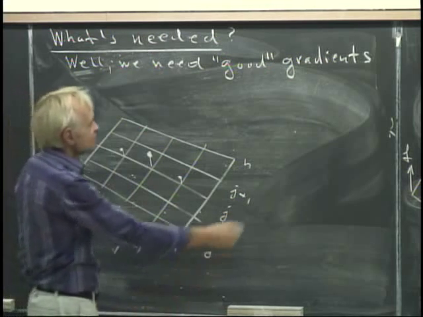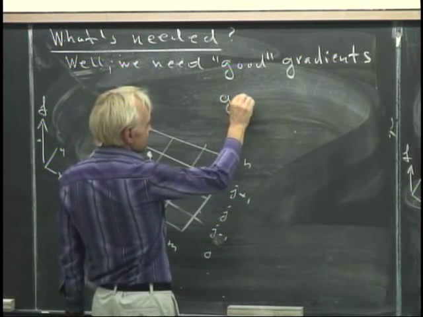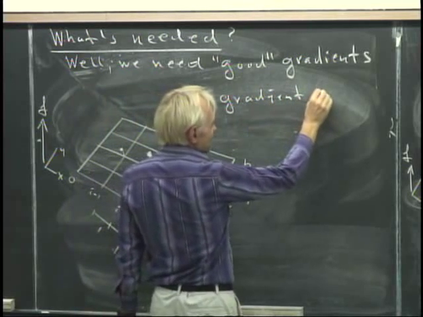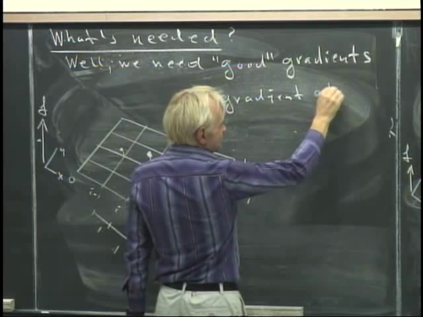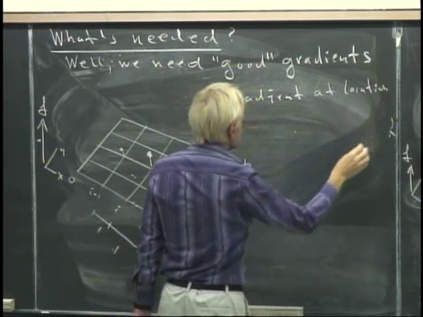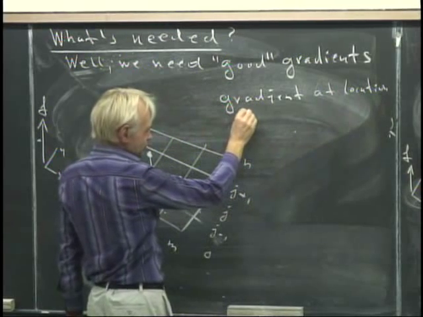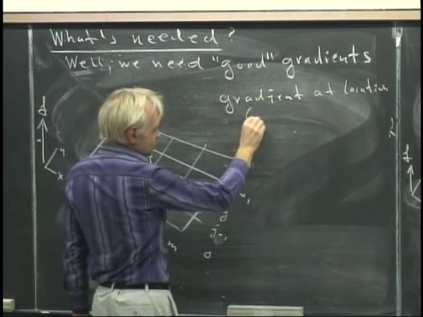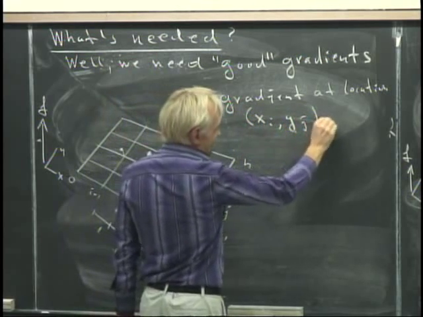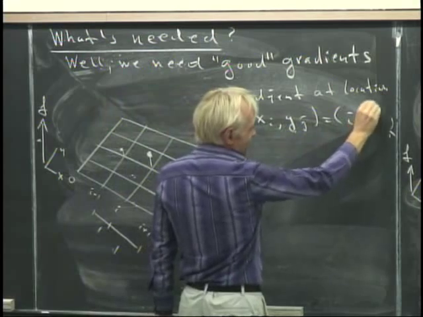Okay. So the gradient at location x_i, y_j equals i, j.